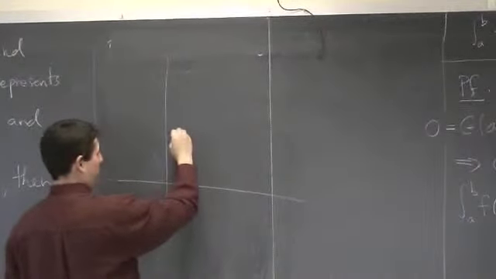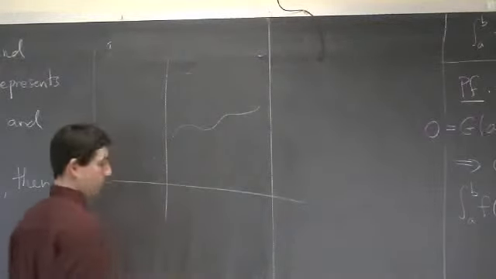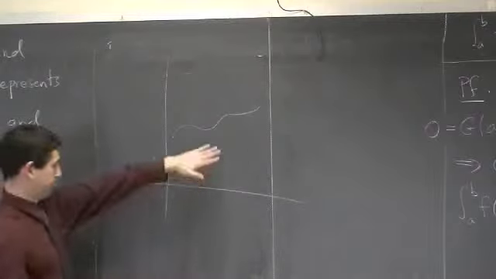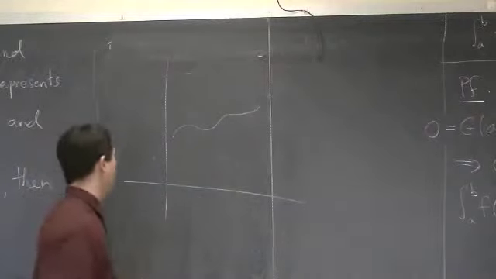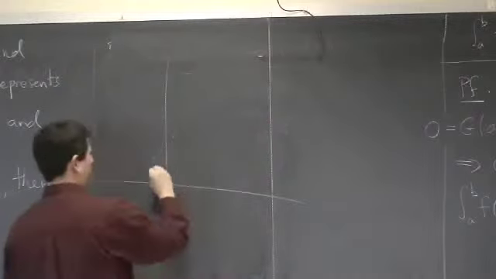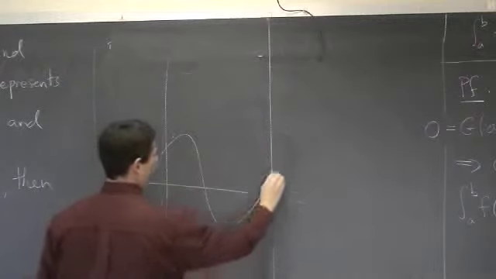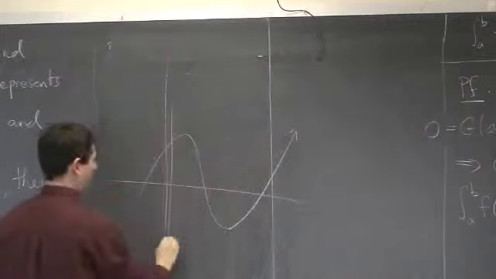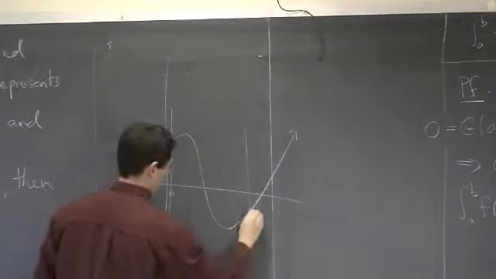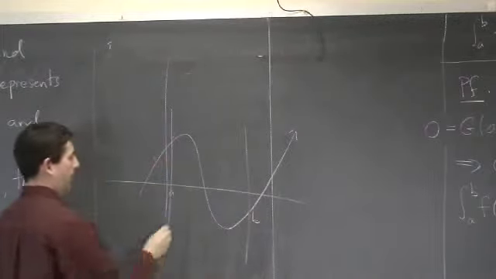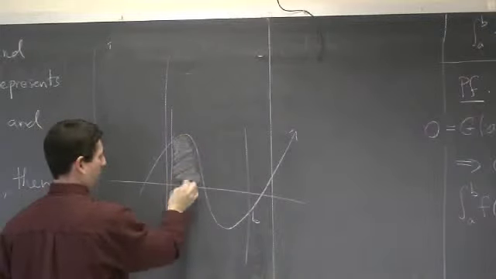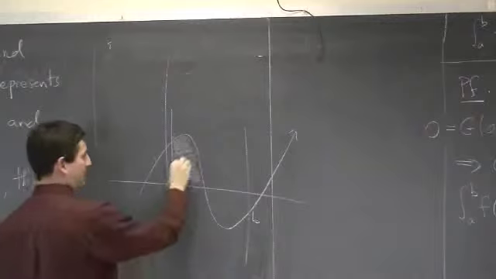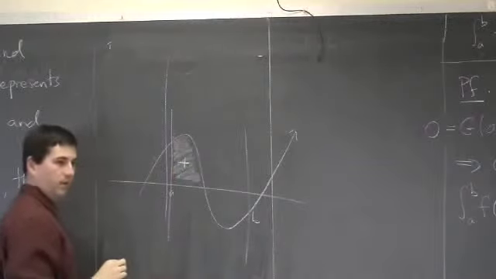When my function was just above the x-axis the whole time, then I just got all the area. But if I have a function which does this, okay, we'll say that's my A, and here's my B. Right? When I compute the integral, I get this stuff, and it all has a plus sign. Right?